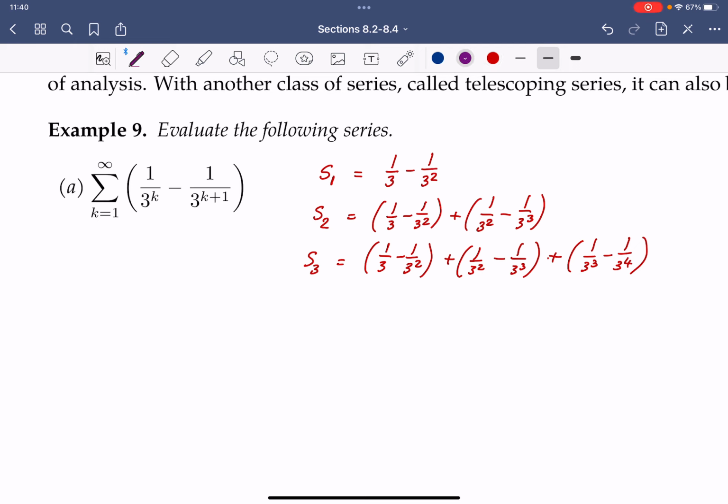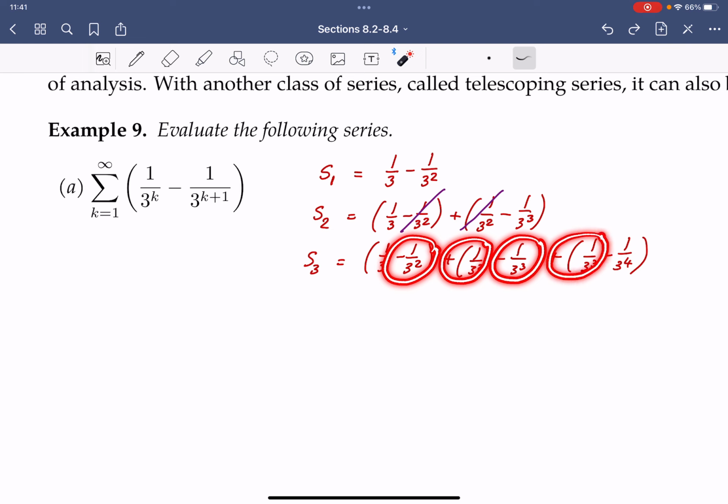When you compute S2, the term in the middle is gonna cancel out. When you compute S3, the term in the middle is gonna cancel out. How? Because you can see minus 1 over 9 here, plus 1 over 9 here, minus 1 over 27 here, plus 1 over 27 here.